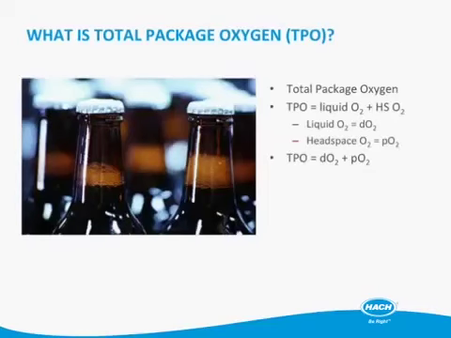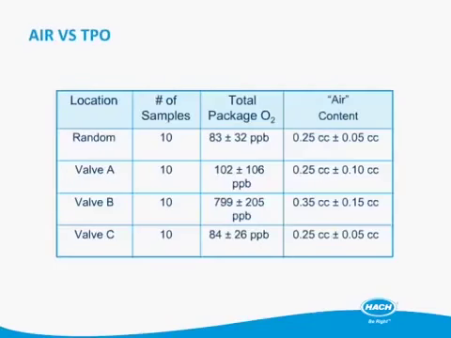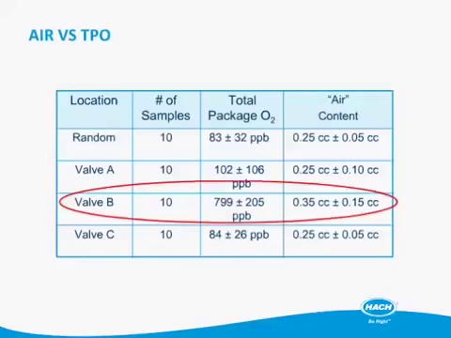If we take that total package oxygen content and compare it to air versus TPO, what we see is that you can have air contents with really, really different total package oxygen. So if we look at valve B, what we see is that we had an order of magnitude higher total package oxygen from bottles off of one filler valve.